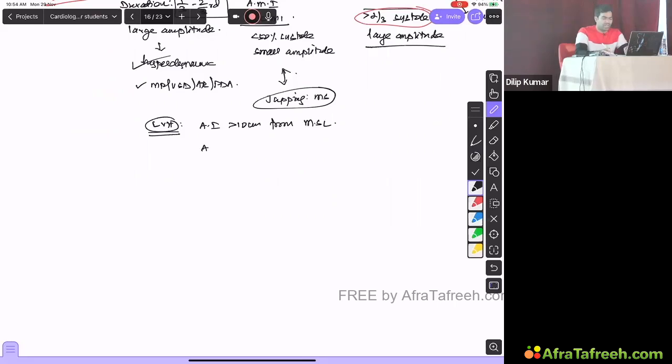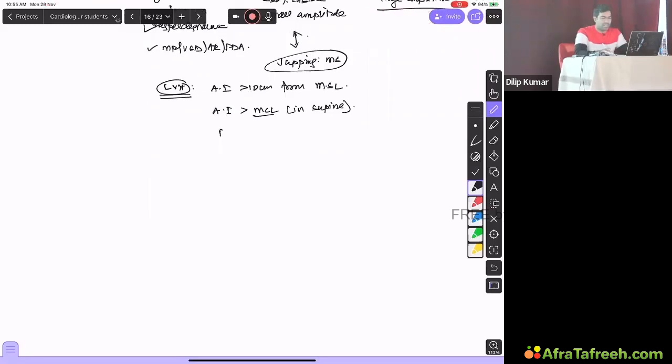Or if the apical impulse is beyond the mid-clavicular line in supine position. In left lateral position, it can come up to the mid-clavicular line, because the heart may slightly move towards the left. But in supine position, if your apical impulse is beyond the mid-clavicular line, definitely that is abnormal.